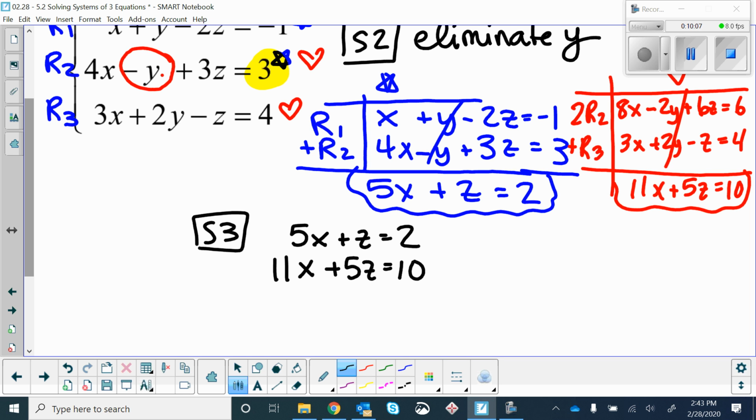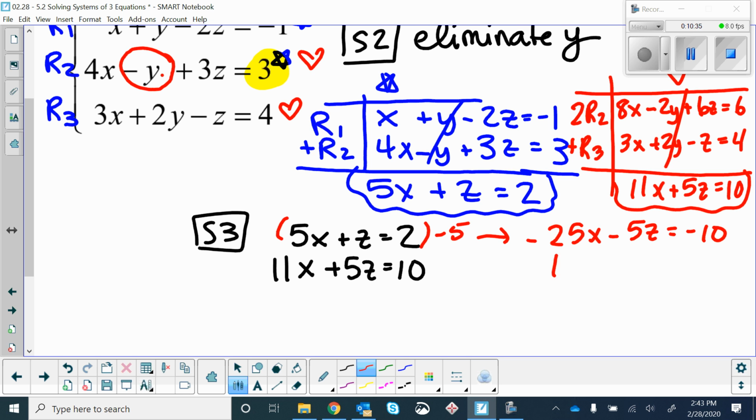Think like a teacher. Which variable do I feel is easiest to eliminate with elimination? The z, right? That's because this z is just a word. So what do I need to multiply that first row by? -5. So that gives me -25x minus 5z equals -10.